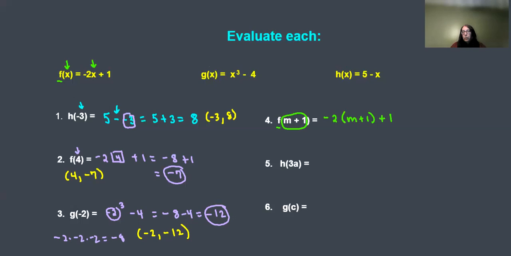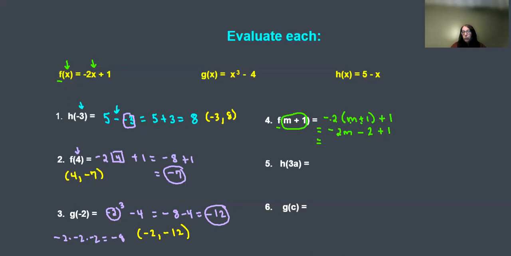So you've got to distribute this -2 through the parentheses. A negative times a positive is a negative. 2 times m is 2m. A negative times a positive is a negative. 2 times 1 is 2. And we still have this plus 1 sitting here. Now, if you remember like terms, for one term to be like another, it would have to have an m in it.